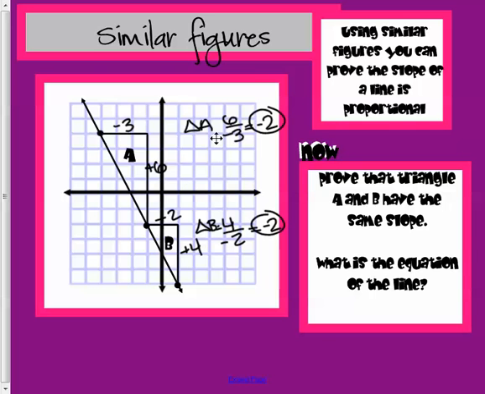So if we show that the slope of this one and the slope of this one equal the same thing, then we know we have similar figures that are proportional, and they help us find the equation of the line. In this case, since this is my slope, it's -2x, and it's passing through this point here. So we go down 1, 2, 3, 4. So negative 2x minus 4 is my equation.